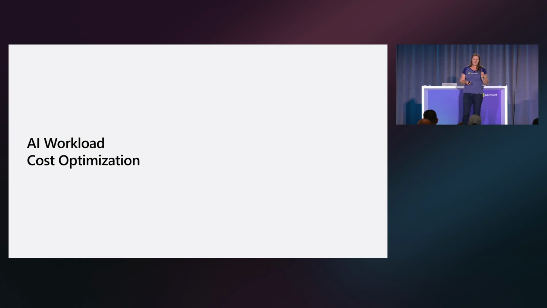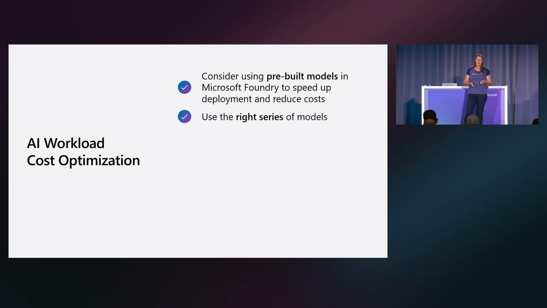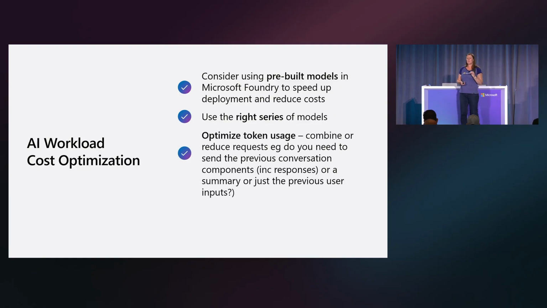Now that we've talked about some of those tips in general for optimizing your AI workloads: pre-built models in Microsoft Foundry may be useful without you having to go and train your own, so spend your time doing that on your own models. Make sure you're using the right series of models. Optimize the token usage. When people are developing applications, are they combining token requests?